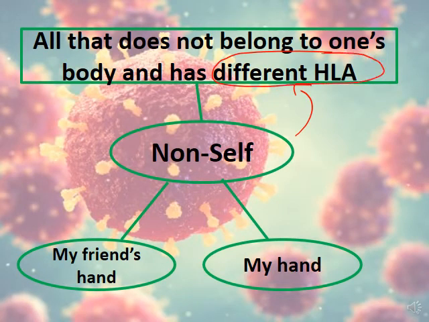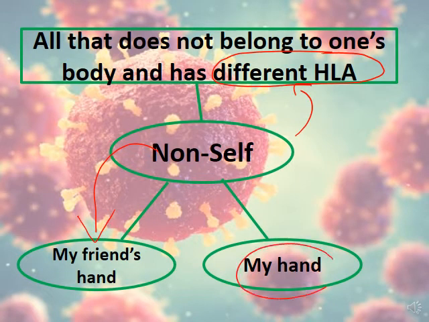So what is the difference between self and non-self? The self is all that belongs to one's body and they have the same HLA, while the non-self is all that does not belong to one's body and they have different HLA. Example about the non-self: my friend's hand, my friend's kidney, my friend's lung.